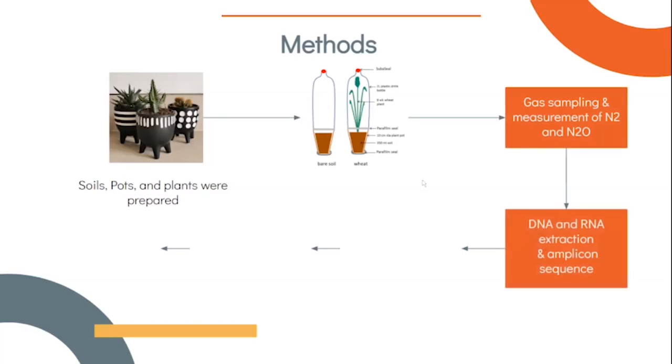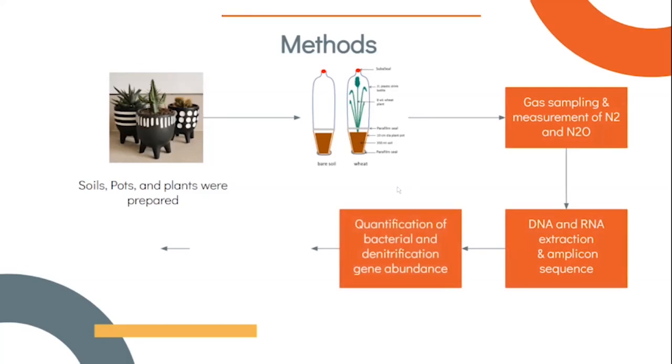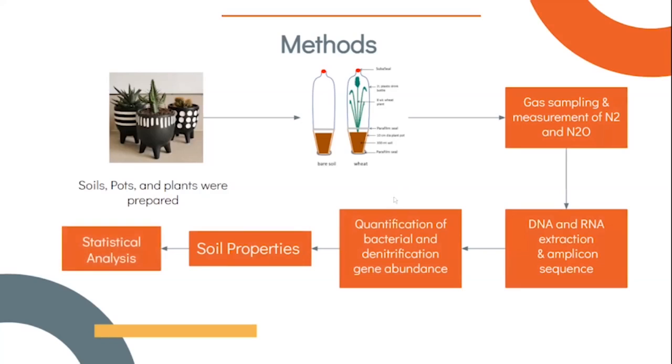After that, DNA and RNA extraction and amplicon sequencing were conducted to find the bacterial and archaeal diversity of the samples. Then, quantification of bacteria and denitrification gene abundance was conducted to find the relative mean abundance of prokaryotic phyla or subphyla. Soil properties measured moisture and estimated the final WFPS. Last, statistical analysis was conducted to compare values obtained from soil and gas analysis.